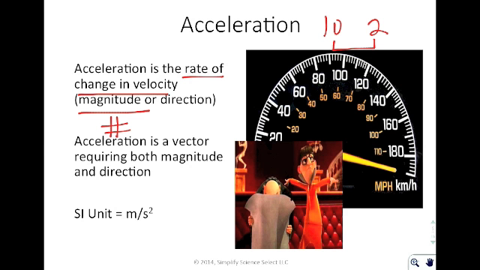Direction means something like north, or to the right, or south. Because acceleration has both magnitude and direction, acceleration is a vector. So we have to include both magnitude and direction when we report it.